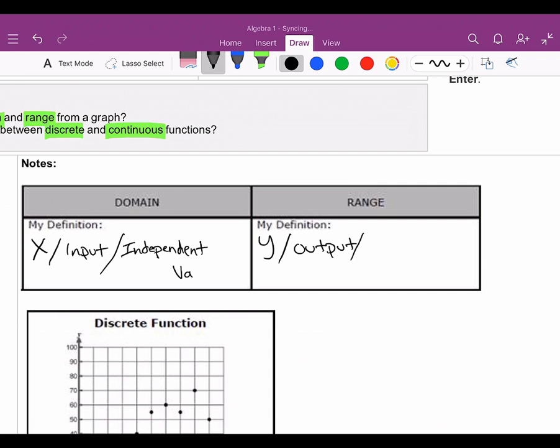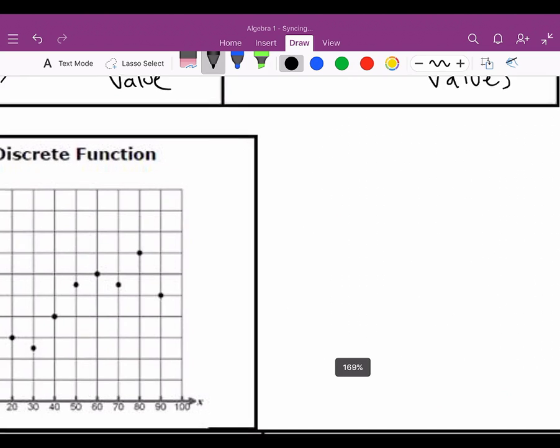But your y, your range, do depend on what your domain is. So these are your dependent values. So domain is also your x, your input, and your independent values. Your range is going to be your y, your output, dependent values. So whenever it talks about either of these words, just know which ones go with domain and which ones go with range. Alright, let's move to the graphs.